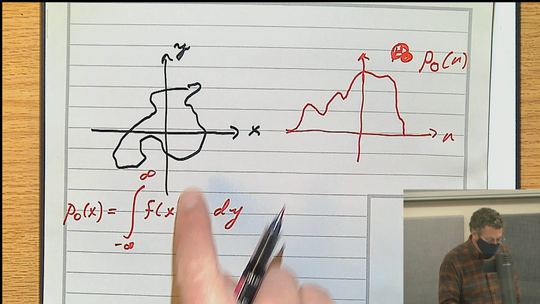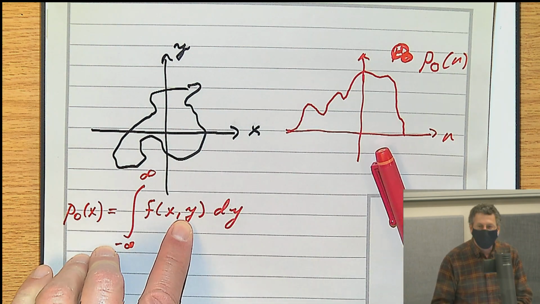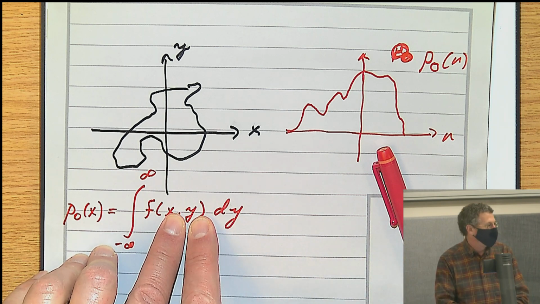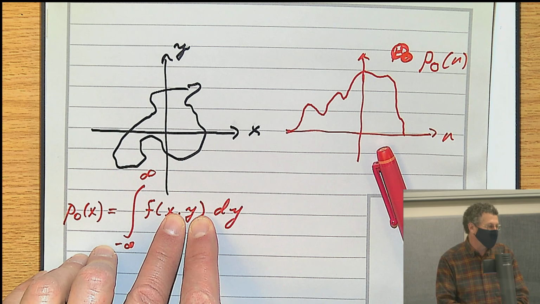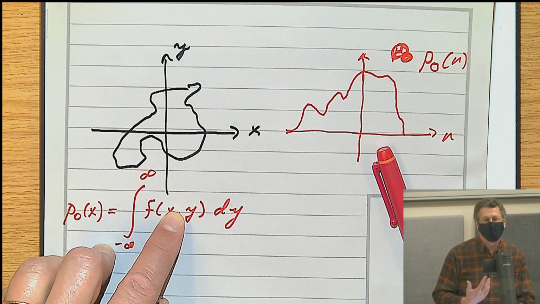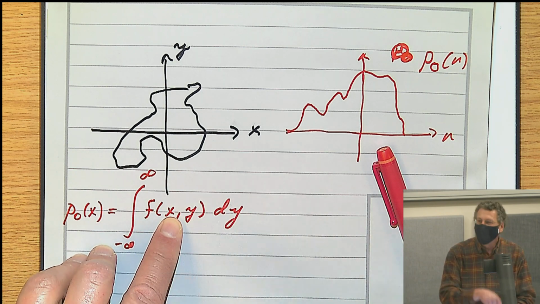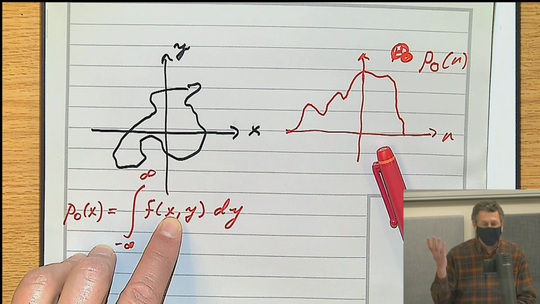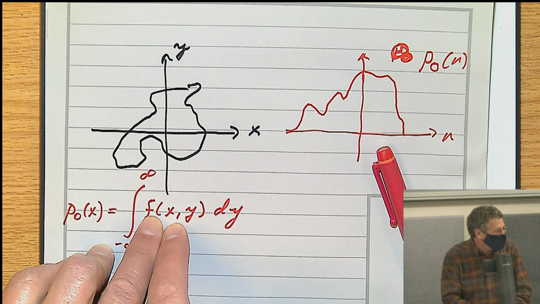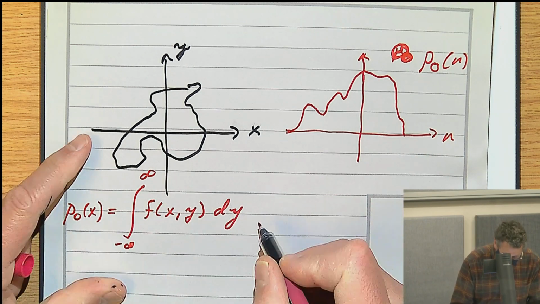We're computing the area under the curve, but now for each x, we're doing that over y. So what has that got to be equal to?